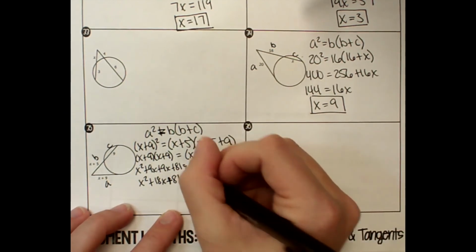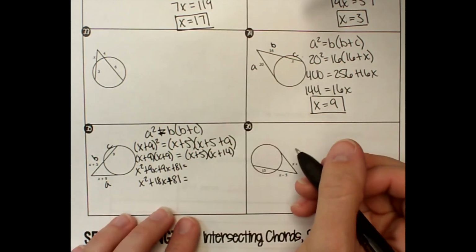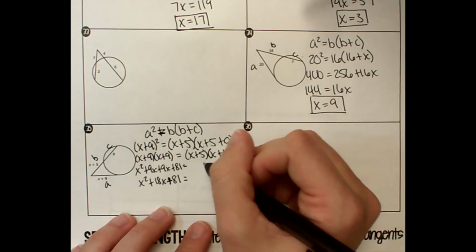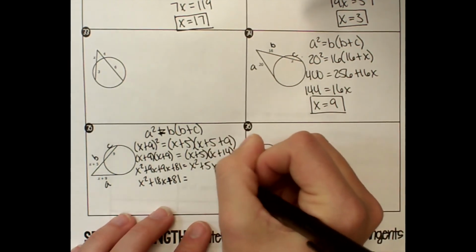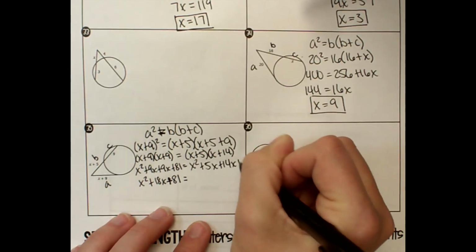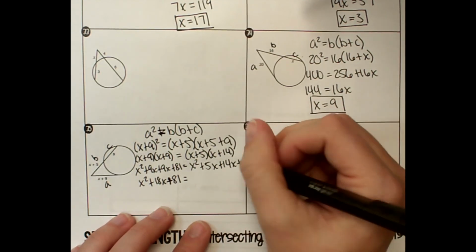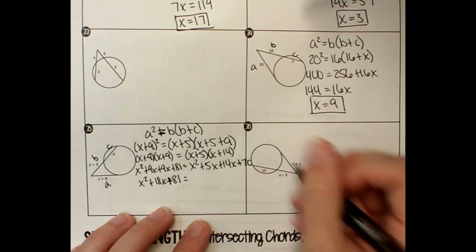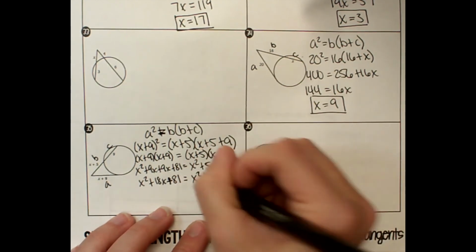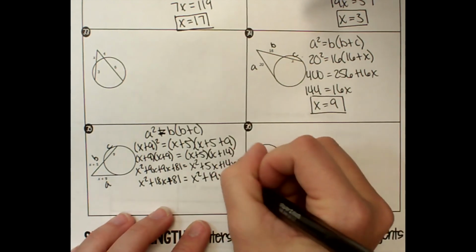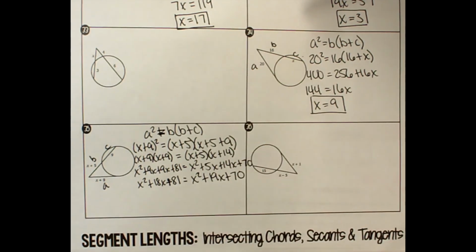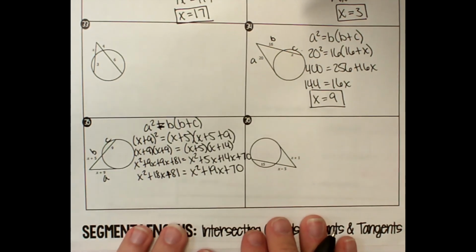This is all still on the other side of the equals, so you have to multiply it out. You get x squared plus 5x plus 14x plus 70. You simplify, you have x squared plus 19x plus 70. Whew, that's a lot. You have to know how to either FOIL, use the box method, or distribute.